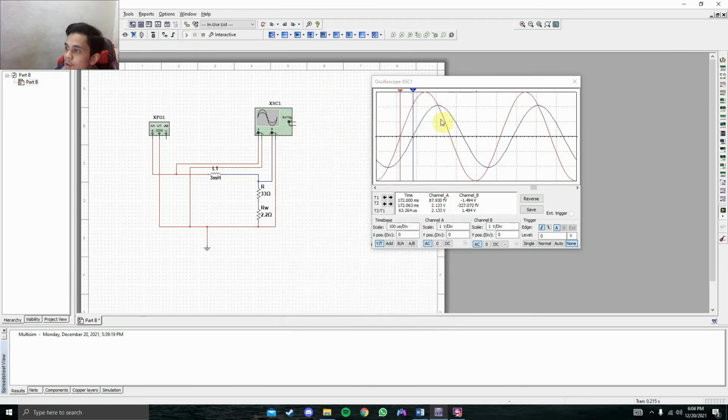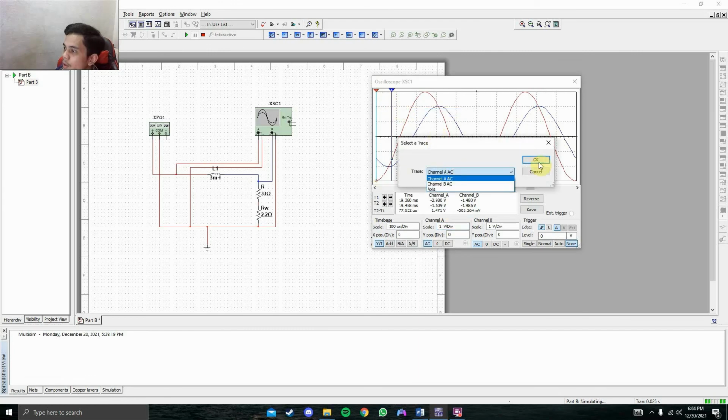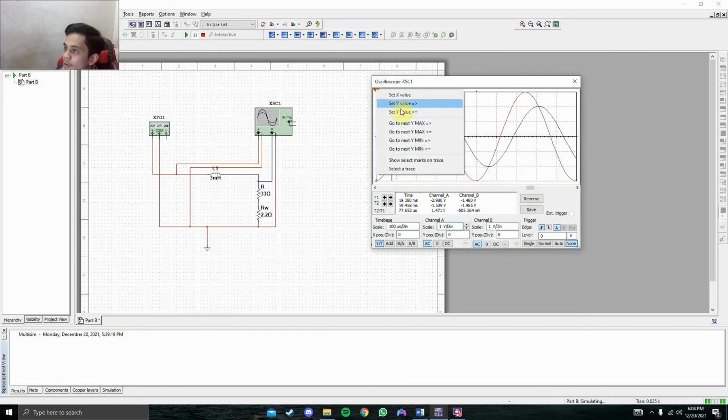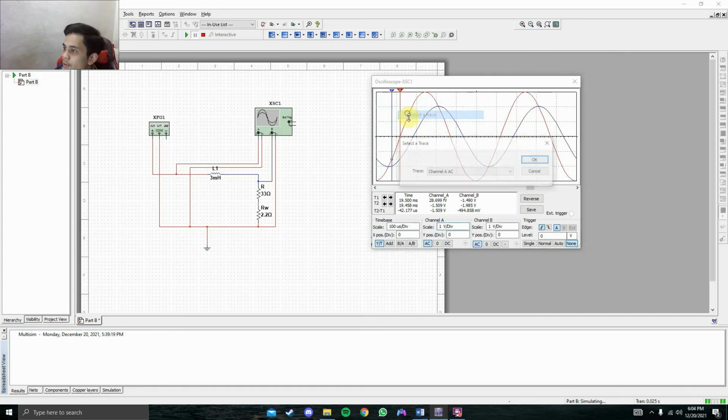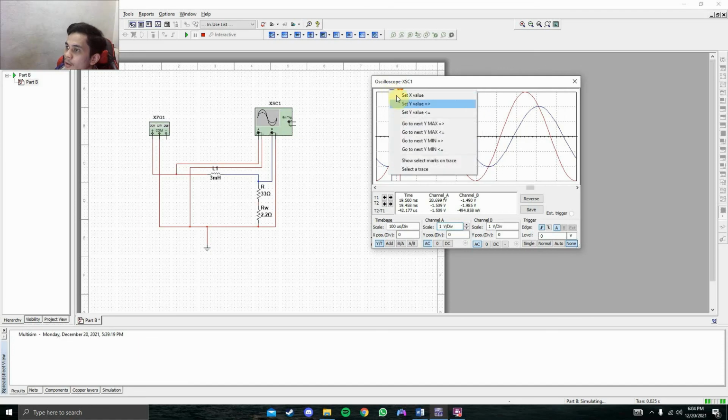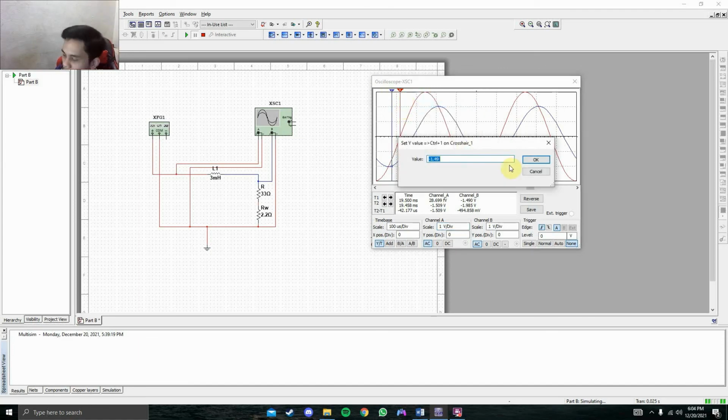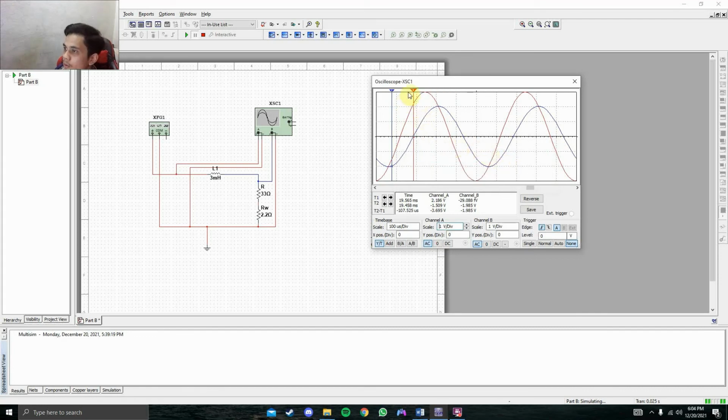We run it again, then select trace channel A, set Y value to 0, then select trace for channel B, AC, then set Y value for cursor 2 to 0. Okay.